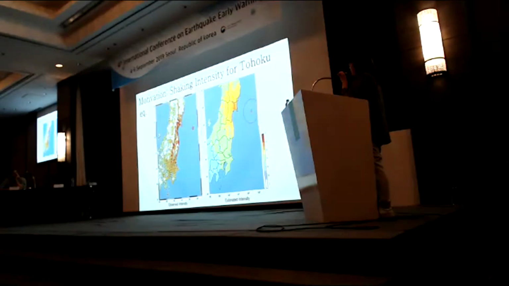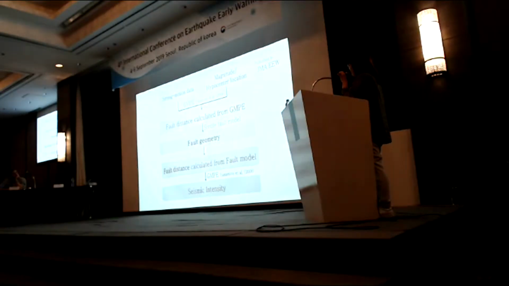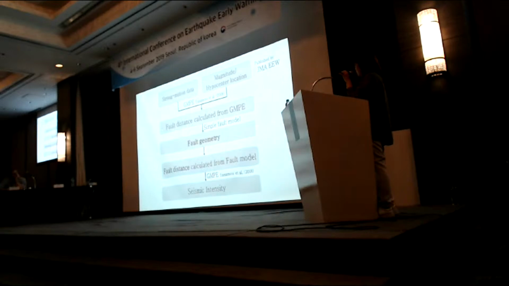So this is the flow chart of my work. I use the strong motion data and the magnitude and hypocenter location published by the JMA earthquake early warning system. Then using these two data, I will calculate the fault distance in real time.